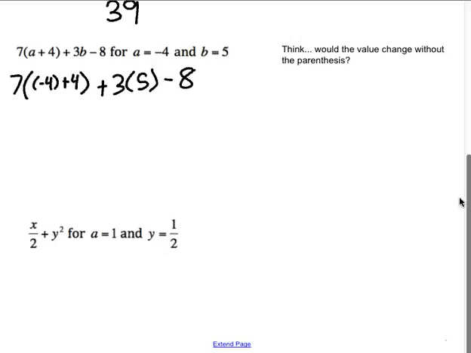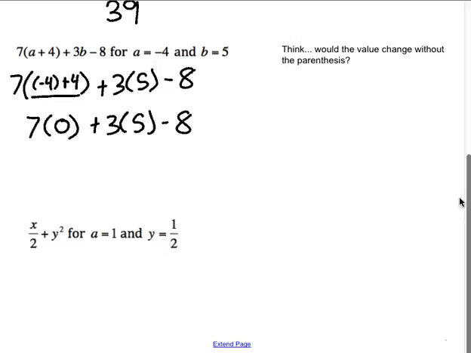So here, this time we have some parentheses to clean up first, don't we? So in this parenthesis, I see -4 plus 4. So that I'm going to turn to 0 right away. This time I don't have any exponents to worry about.